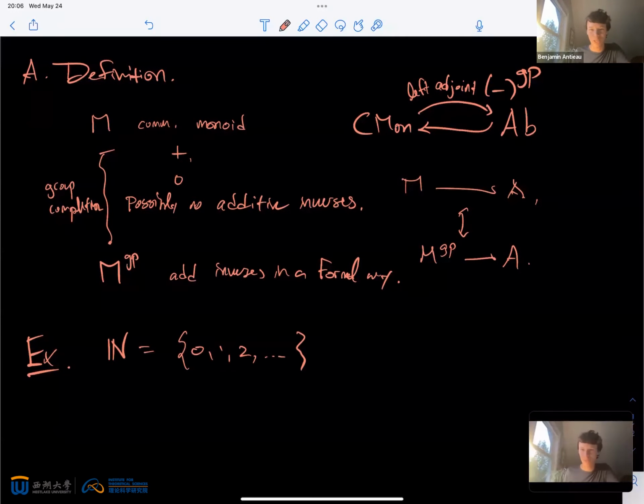I view this with the addition of integers, and when I group complete, I get the abelian group of integers. Maybe I wanted to do some double entry bookkeeping, and so I needed minus signs. Anyway, this is just a simple example of an operation you can do to a simple algebraic object.